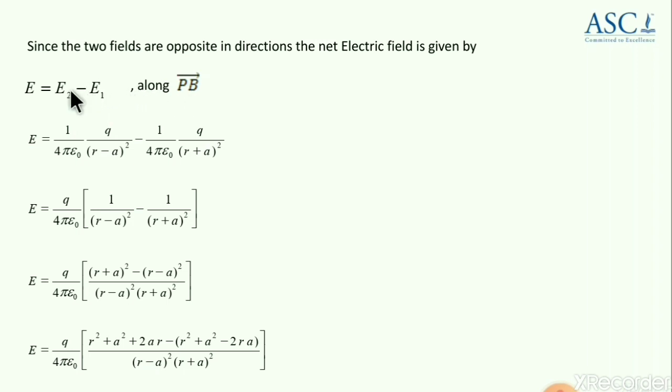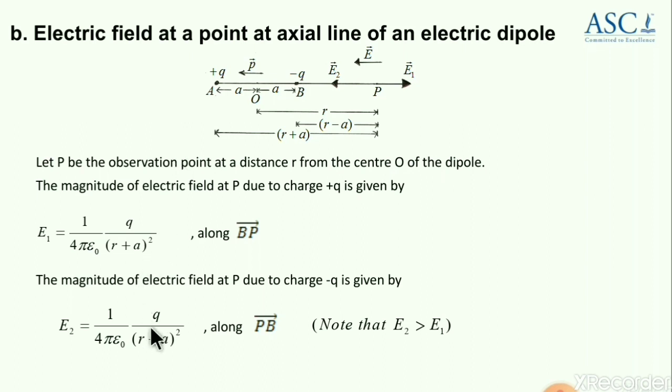Why? This again follows from the magnitude and direction of E2, which is greater, which has greater effect than E1. E2 takes the direction PB, that is due to the negative charge, so the electric field line will be drawn towards minus itself.